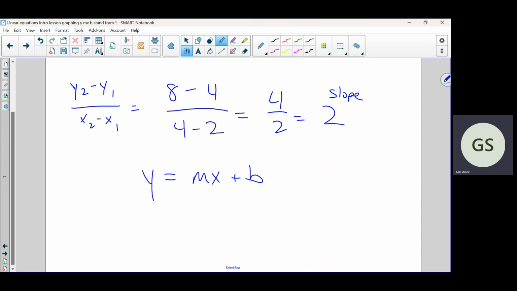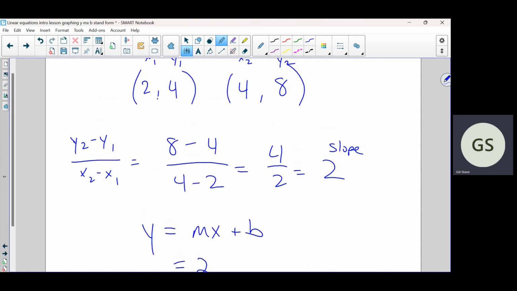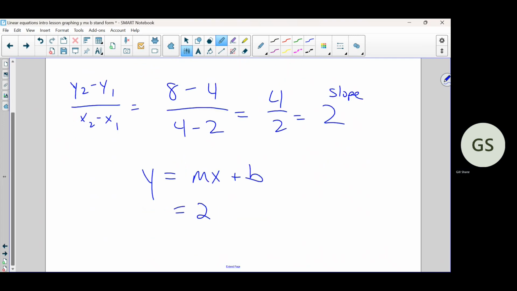Well, the slope I know is 2. I just solved that. I'm going to choose the first x and y to replace x and y. So what was it? 2 and 4 or 4 and 2? 2 and 4. So y is 4. X was 2. The same thing we just did in the problem before.